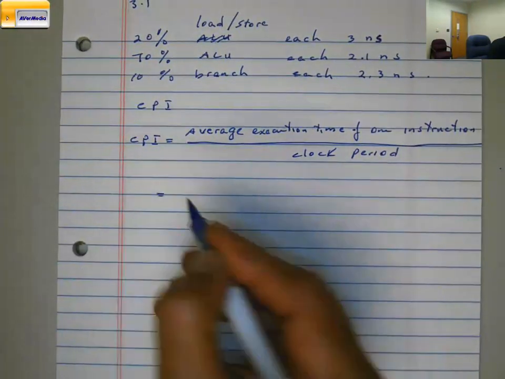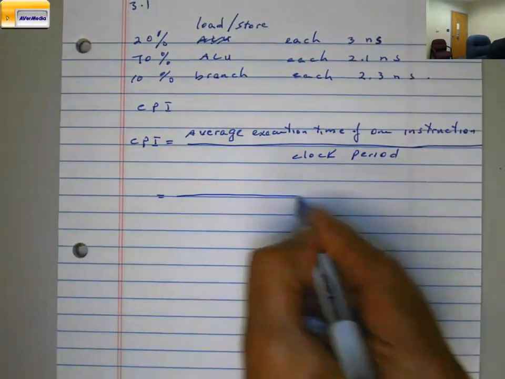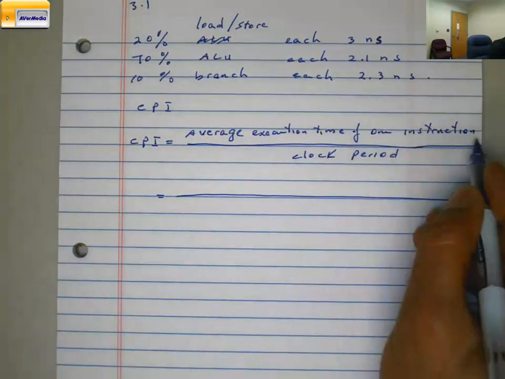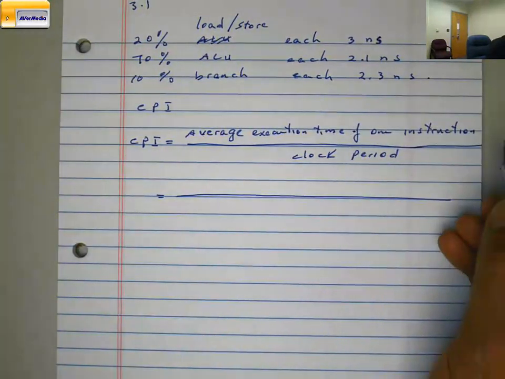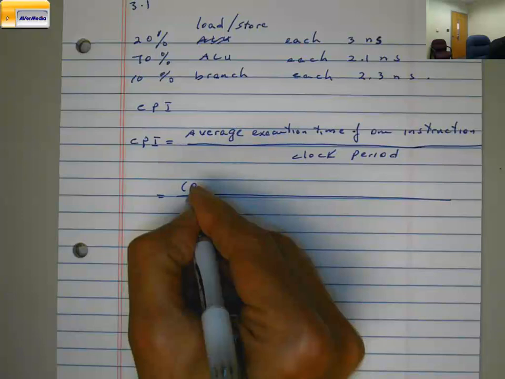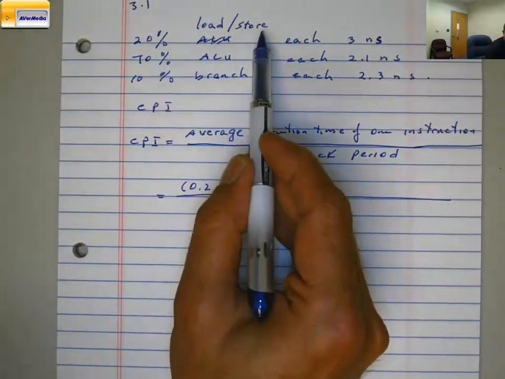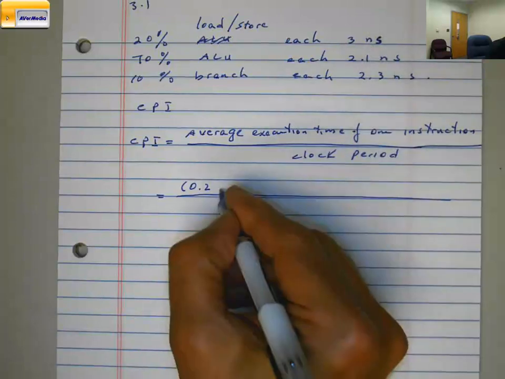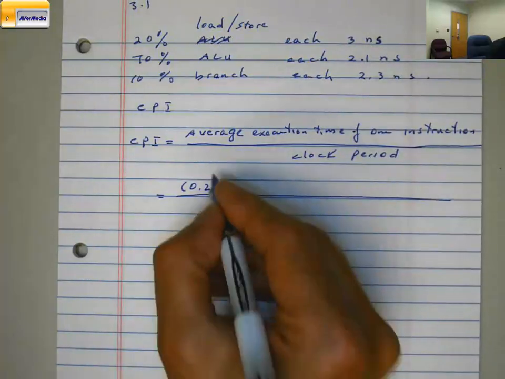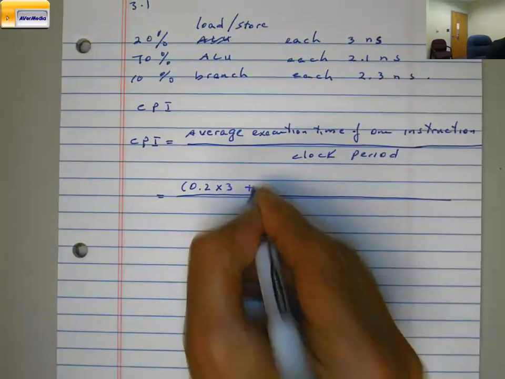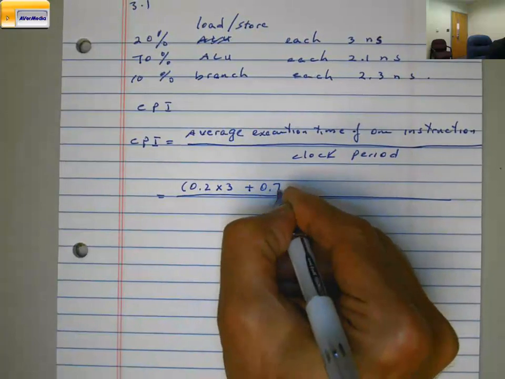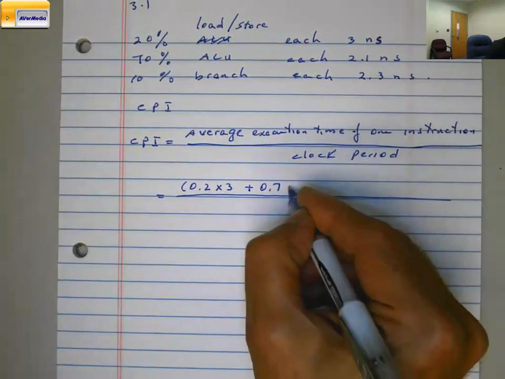So it's equal to average execution time. How do we calculate average execution time of one instruction? It's very straightforward. We said 20% are load store instructions. On average, they take 3 nanoseconds, so 0.2 times 3, plus 70% are ALU instructions.